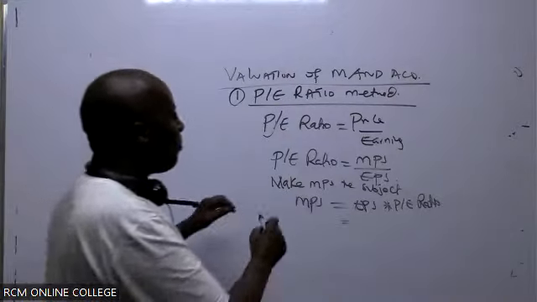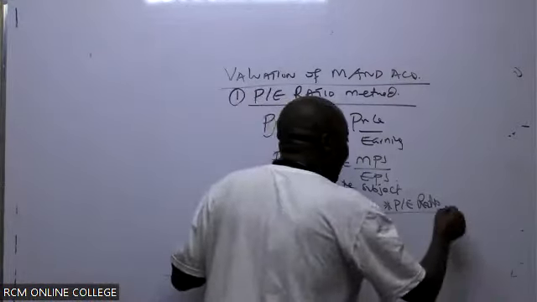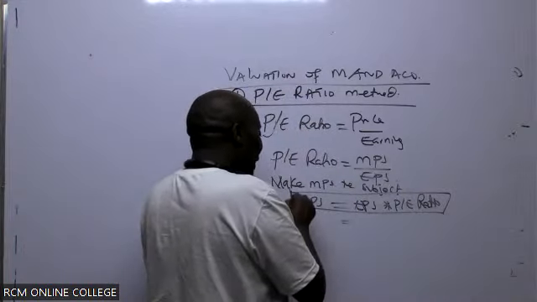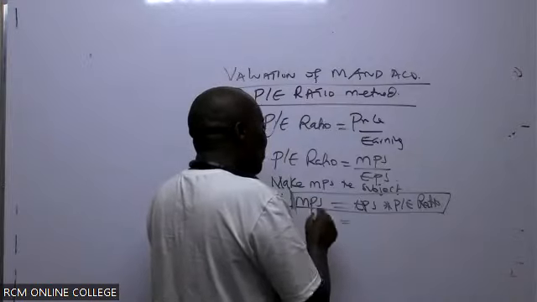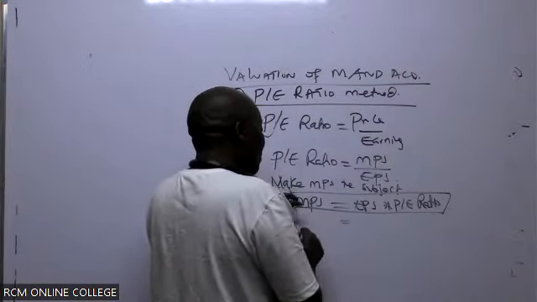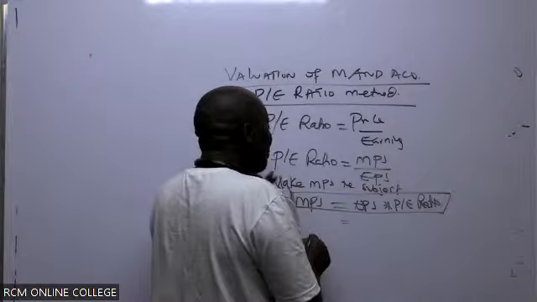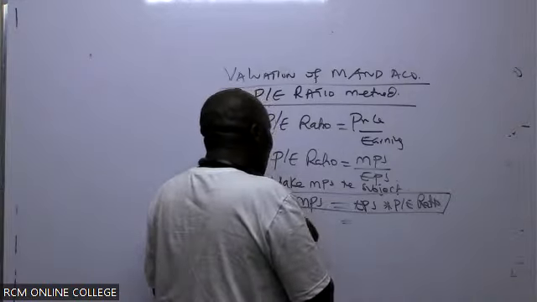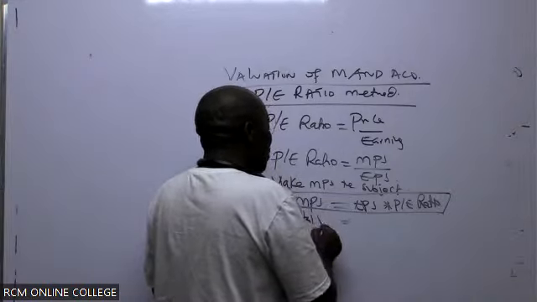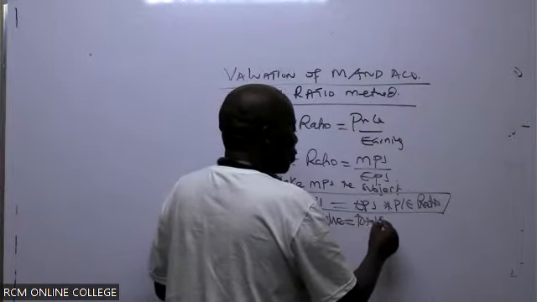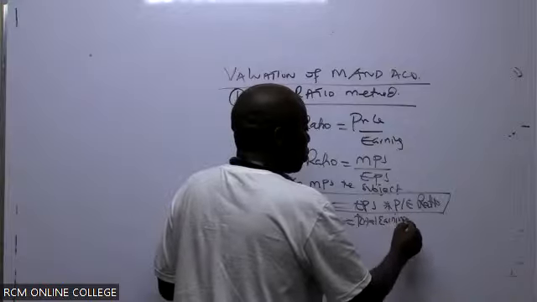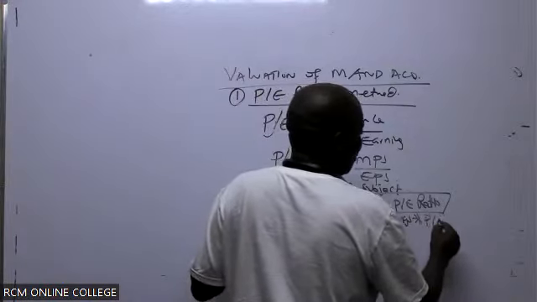So this is so important to us. Please highlight this in yellow. We don't want just MPS, which is market value per one share. We want the market value of the whole farm. So whenever you want the market value of the whole farm, you get total value by taking total earnings times PE ratio.